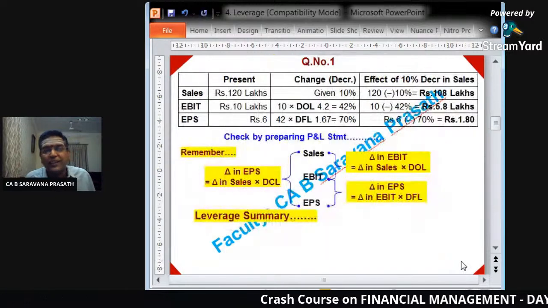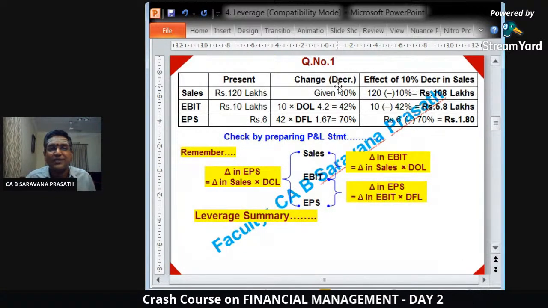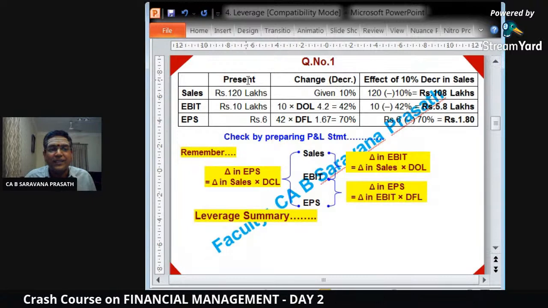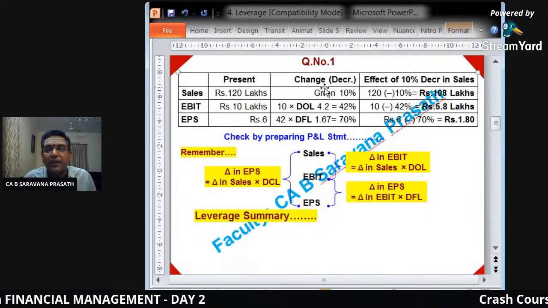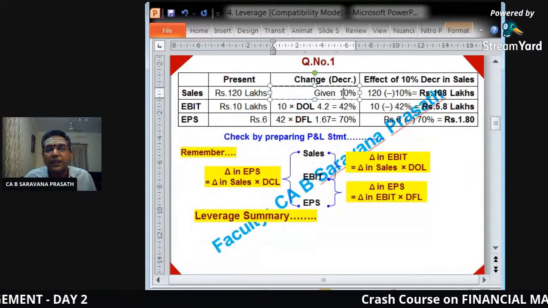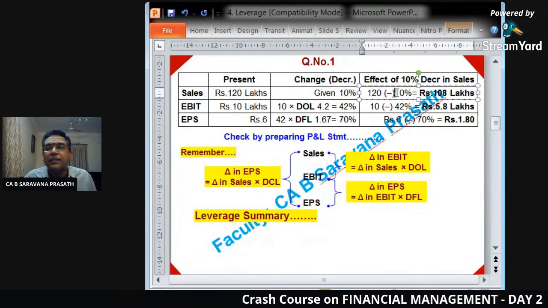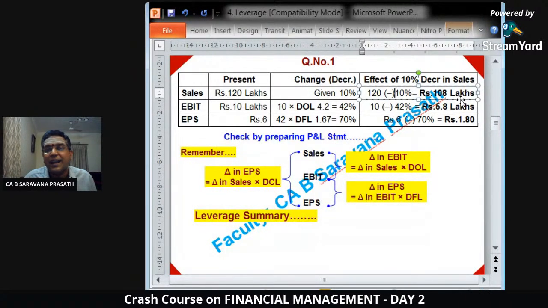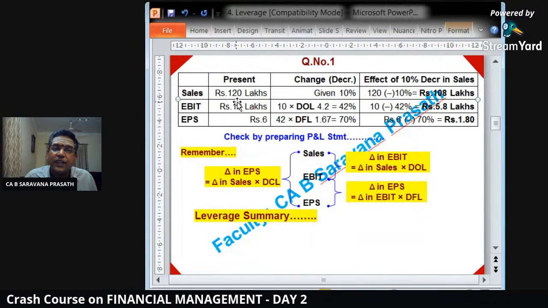So I'll go to the next slide, which shows these calculations. When compared to the present situation, what will be the new number? Sales decreases by 10 percentage, 120 minus 10 percentage, the revised number is 108 lakh. EBIT is 10 lakh.